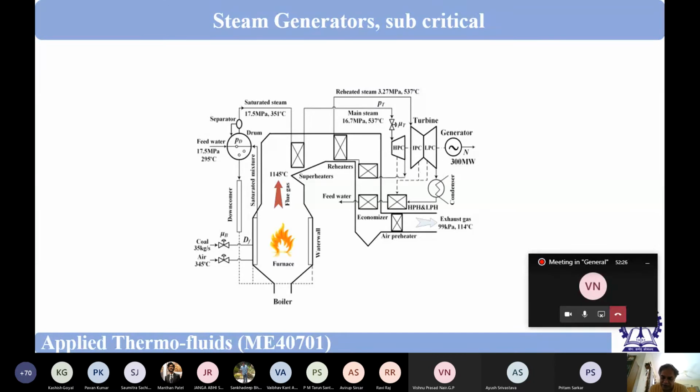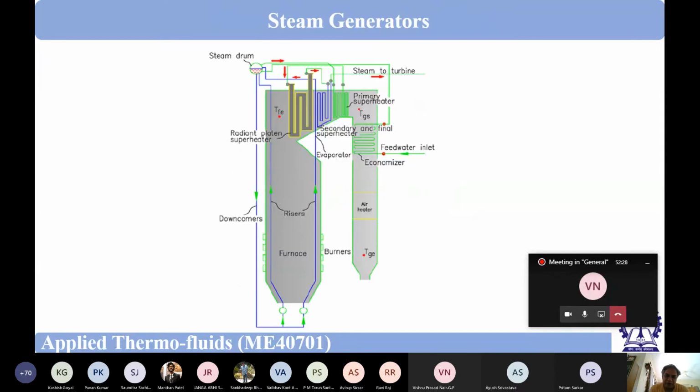Let me see another figure very quickly, and then only we will stop. So here, I think a little bit more clarity will come. So this is the feed water heater. This is the economizer, and from the economizer, you see it is coming like that, and then it is going to the steam drum.